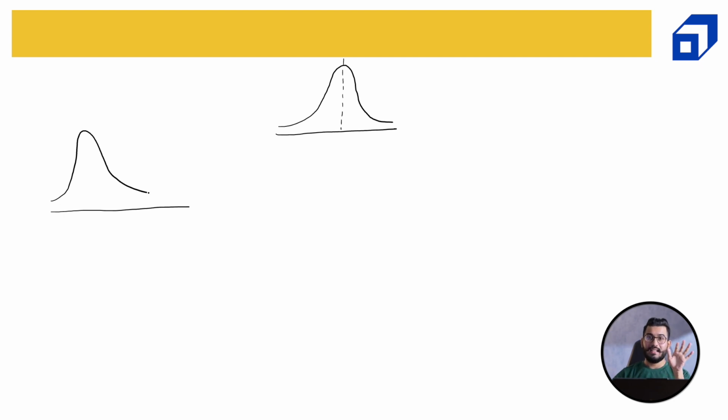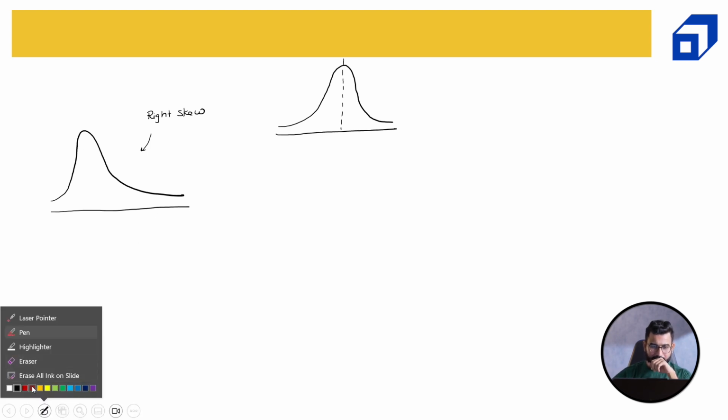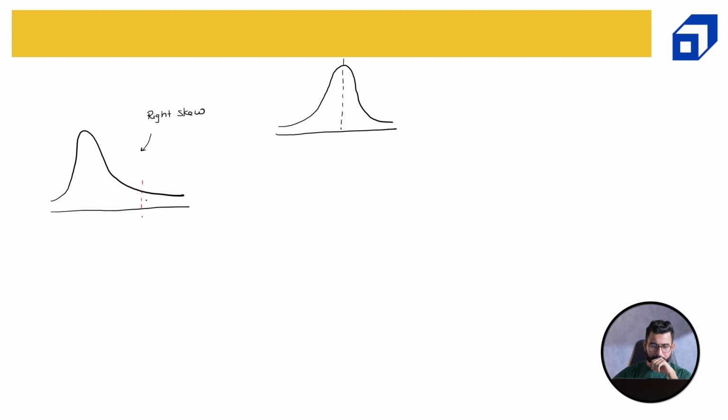This is known as the left skewness. I apologize, this is known as the right skewness. Right skew. Why am I calling it right skew? Because the skewness is on the right side. In the case of right skewness, this tail happens because of the presence of outliers, while most of my data is on the lower side.